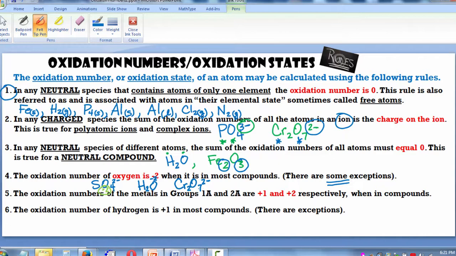So we see here we have different elements. PO4 with a 3 minus charge. The oxidation state for this oxygen would be -2 as well. Okay?